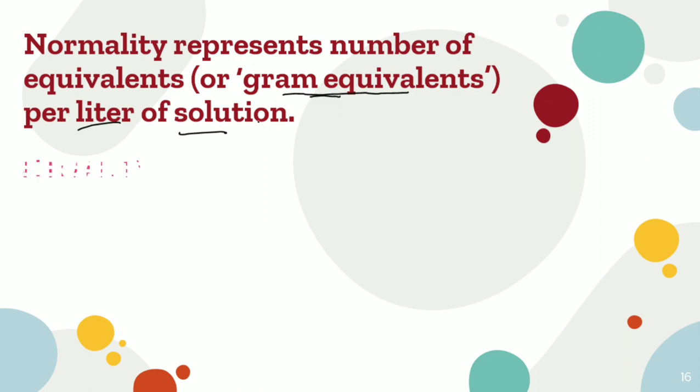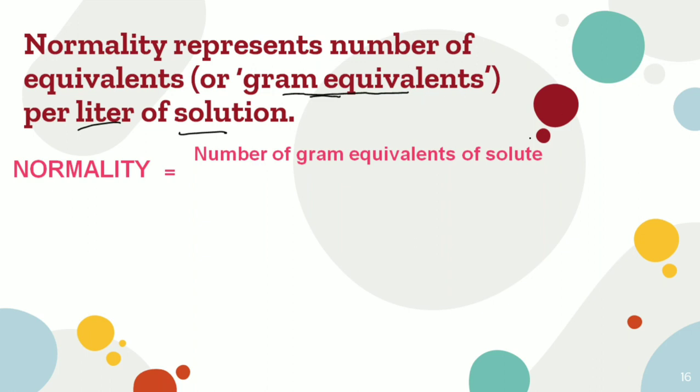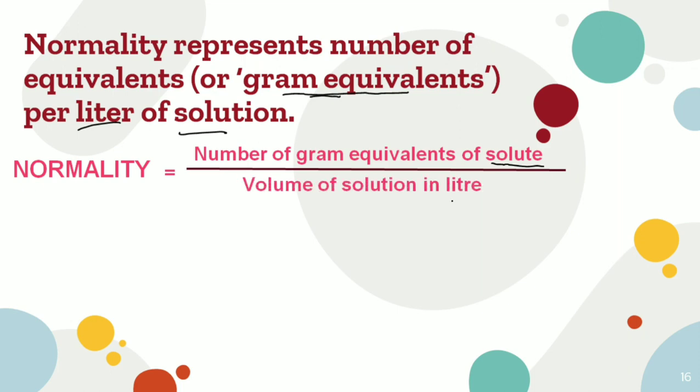Normality can also be written as the number of gram equivalents of the solute divided by the volume of the solution in liters. If you remember what molarity is, it is the number of moles divided by the volume of the solution in liters.